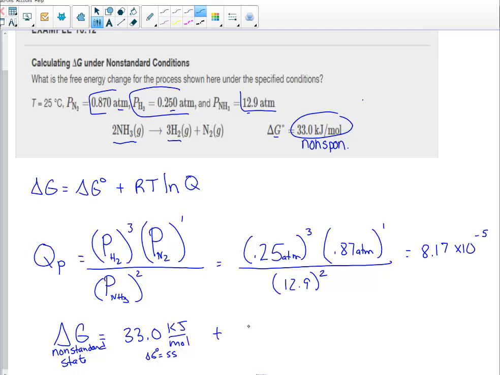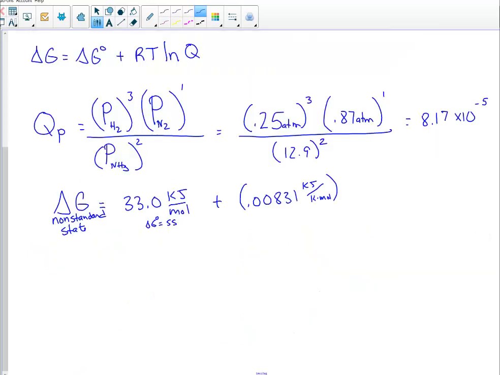Plus RT. Now R in kilojoules is 0.00831 kilojoule per Kelvin mole. That's the ideal gas constant from our PV equals nRT equation, but in a kilojoule value.